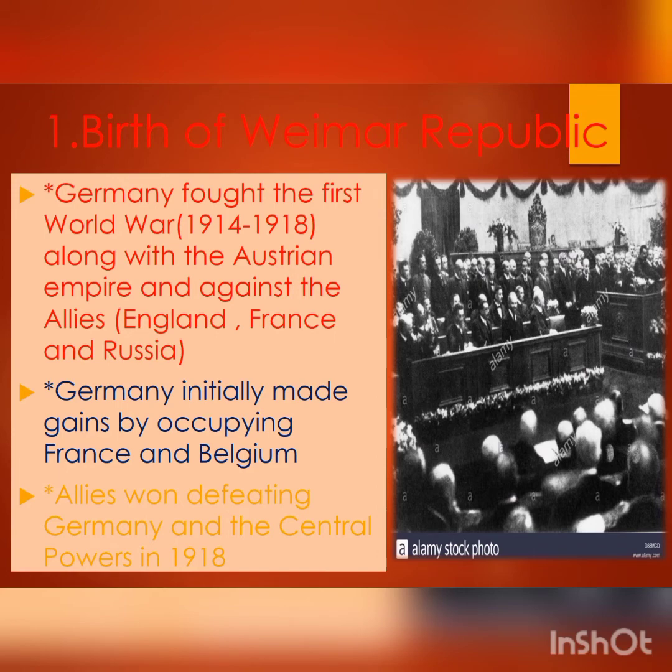Birth of Weimar Republic. Germany, a powerful empire in the early years of the 20th century, fought the First World War, 1914 to 1918, alongside the Austrian Empire and against the Allies. Allies included England, France and Russia.